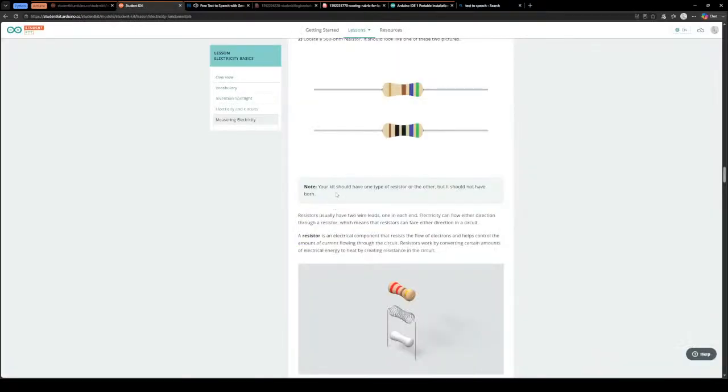Note, your kit should have one type of resistor or the other, but it should not have both. I have this one. Resistors usually have two wire leads, one in each end.